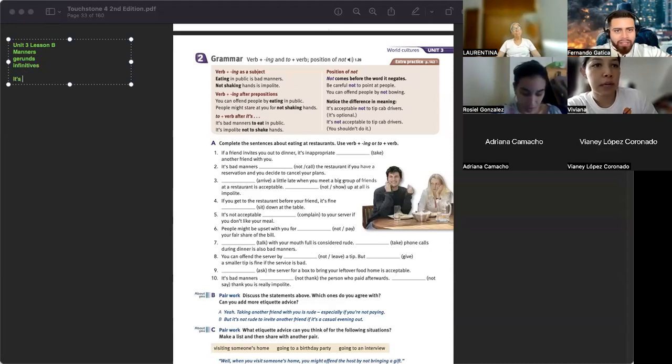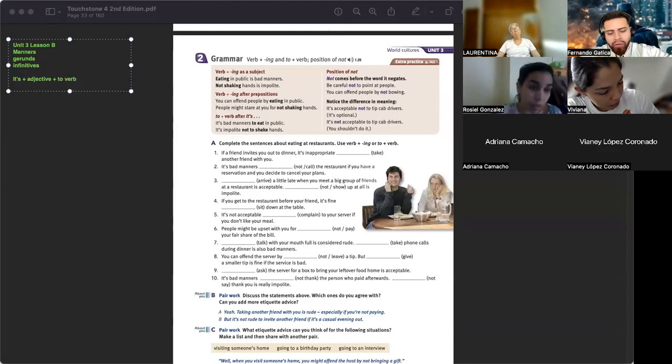Remember this: it's plus adjective plus to verb, or you're going to use verb-ing plus a verb.